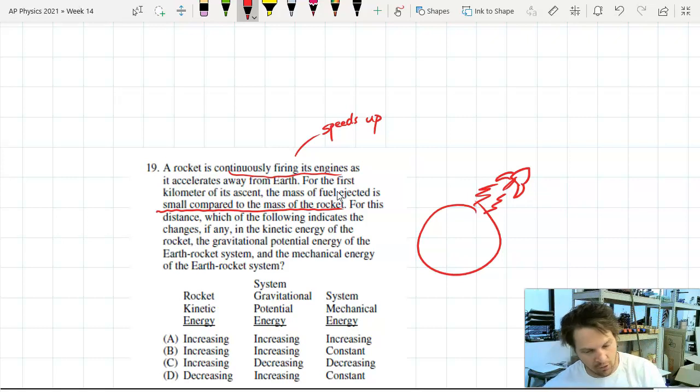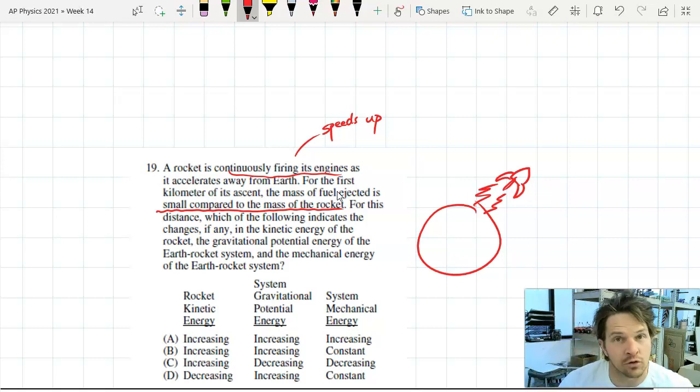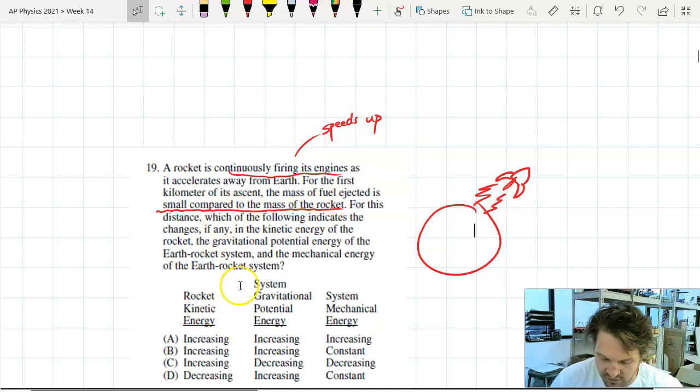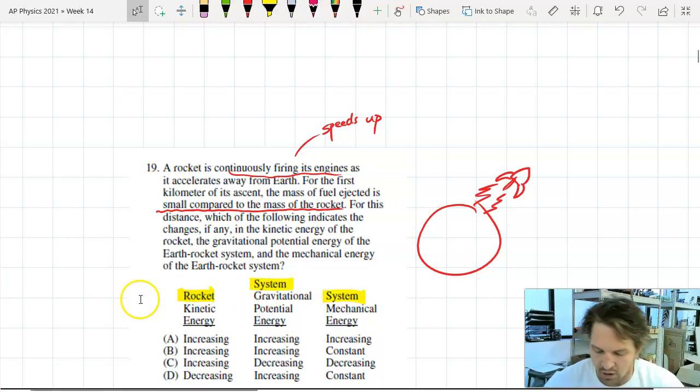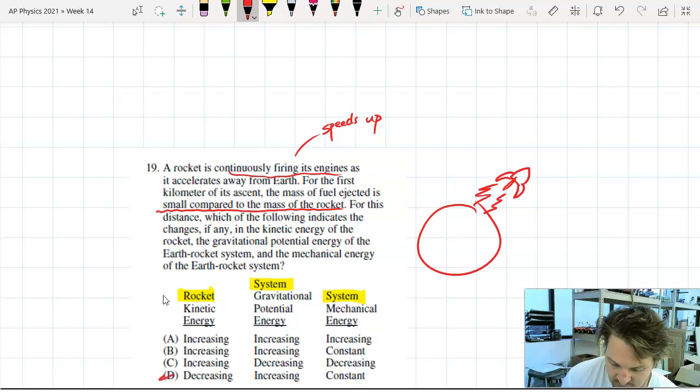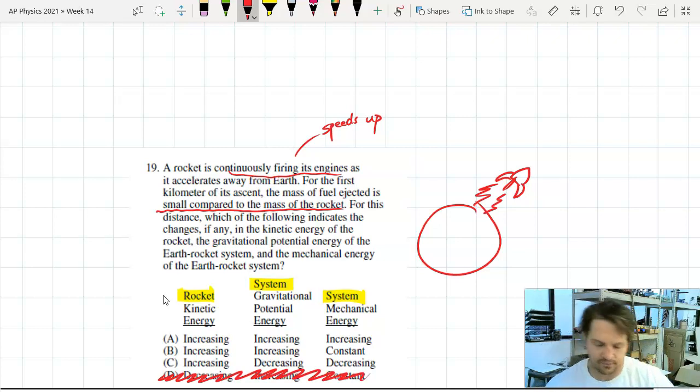And it's speeding up. So the weird thing you should notice right away is all of these pieces that they list, they're not the same. This is just for the rocket, right? This one is for the system. And then this one is for the system. So the rocket's kinetic energy, well, as the rocket speeds up, it's going to get more kinetic energy. So I know the rocket's kinetic energy is increasing. That lets us know D is out.